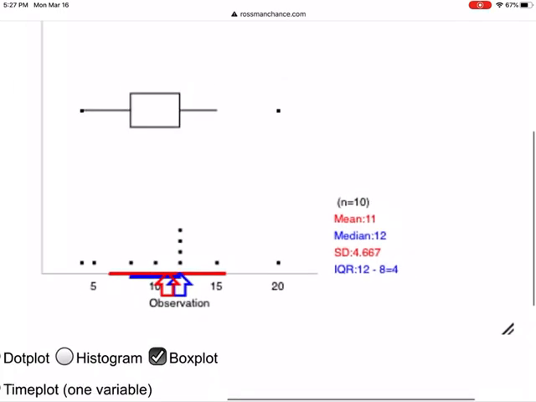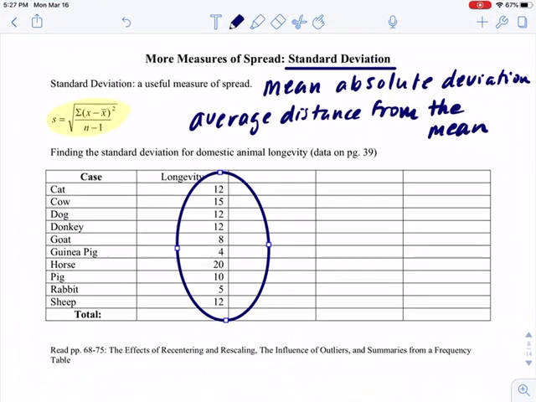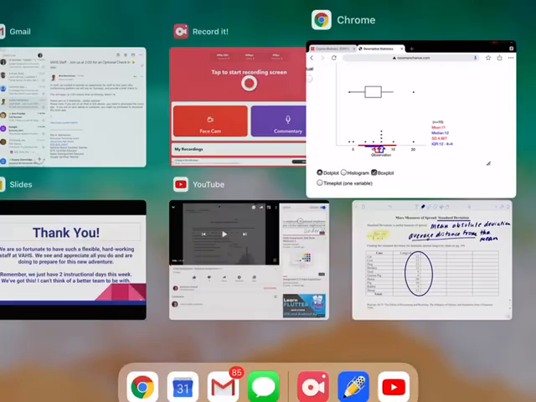That's how we would find the standard deviation, using rossmanchance.com. And again, when we find the standard deviation, we want to remember that it's basically an average distance from the mean. So if I go back to this screen with my statistics on it, I see that the mean is 11 and the standard deviation is about 4.6 or 4.7.